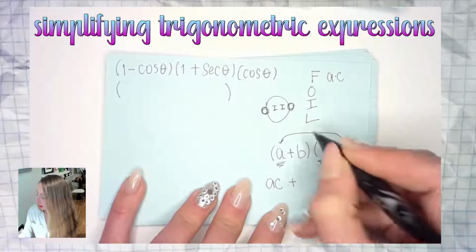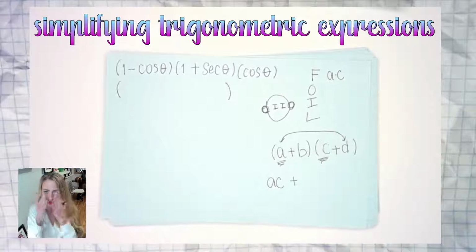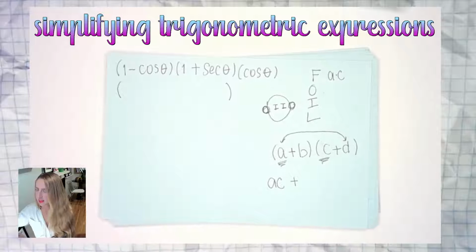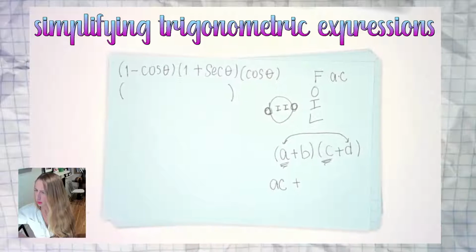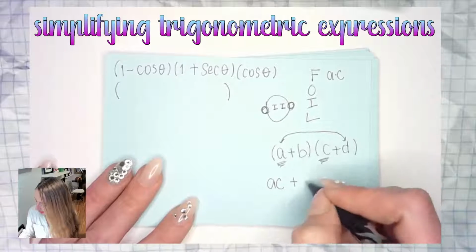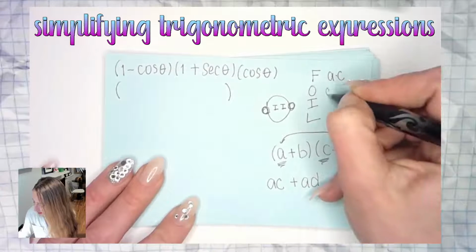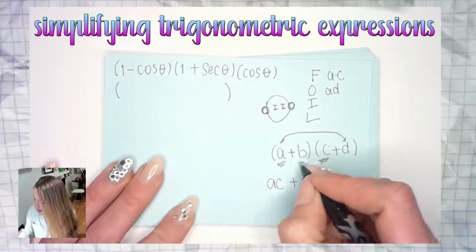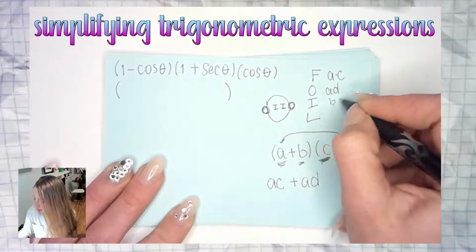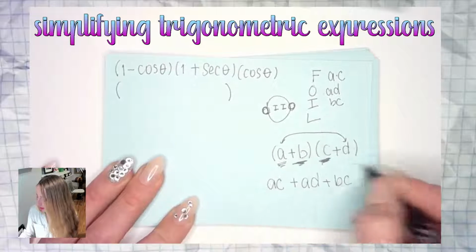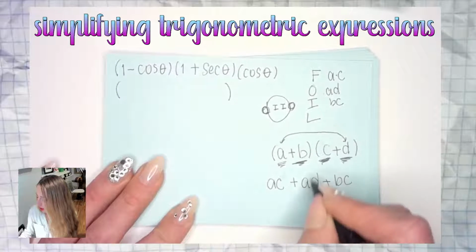Your eyes are in the middle of your face and your ears on the outside of your face. So outer is A times D. Inner is B times C. And last is the last thing in each of our parentheses, B and D. So plus BD, right?